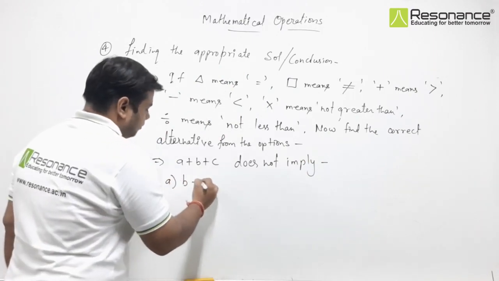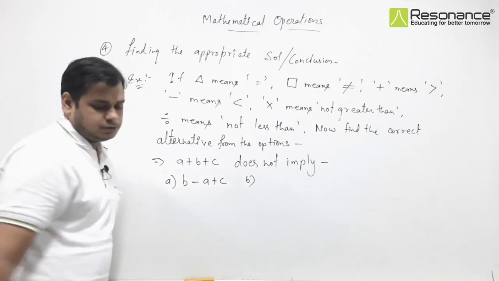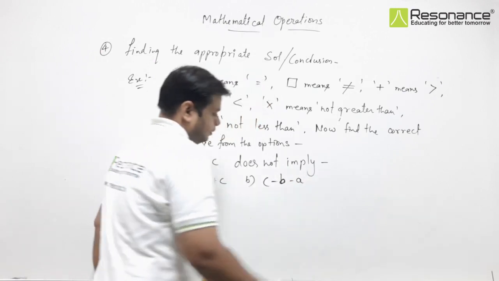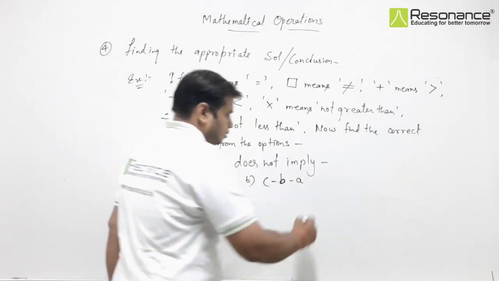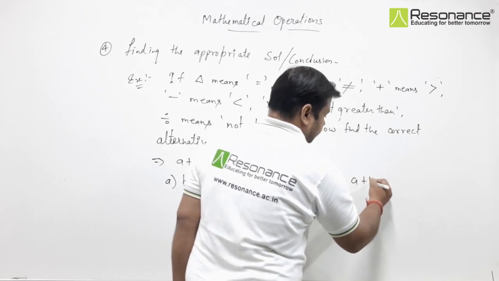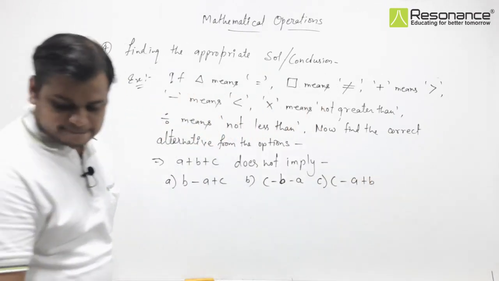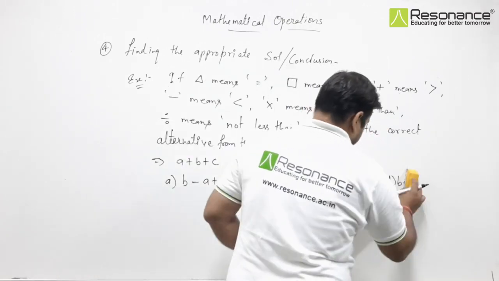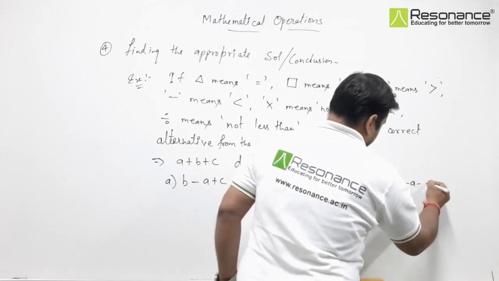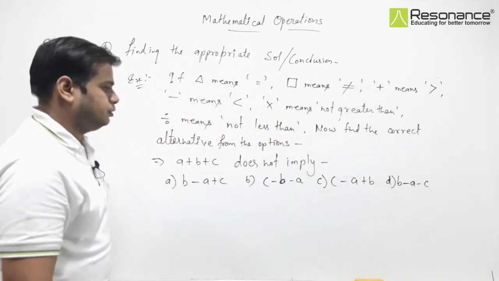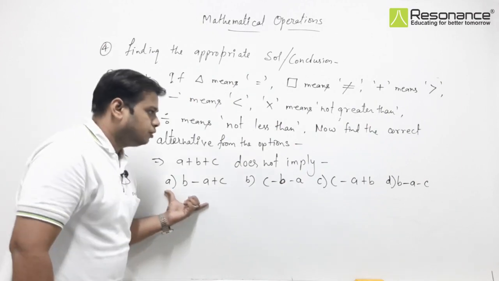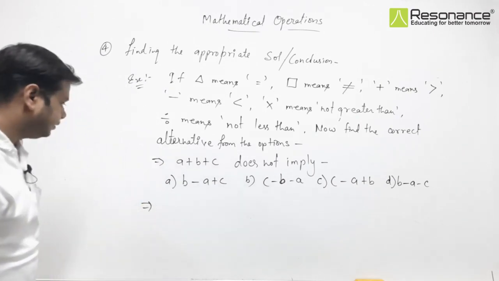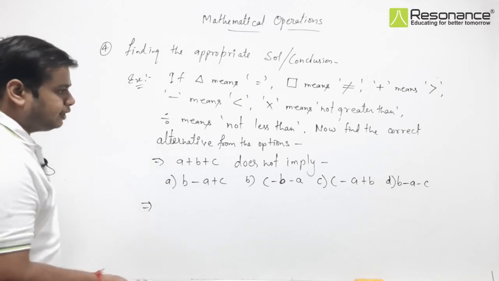Option A, B minus A plus C. Option B, C minus B minus A. Option C, C minus A plus B. Option D, B minus A minus C. So, we have to substitute and then find what may be the correct answer, what may be the appropriate conclusion.